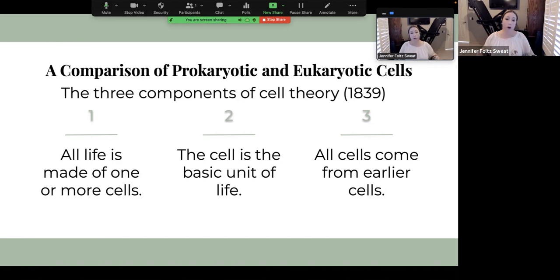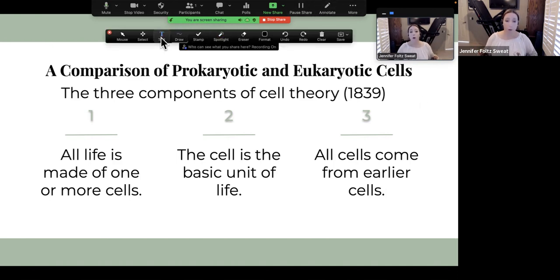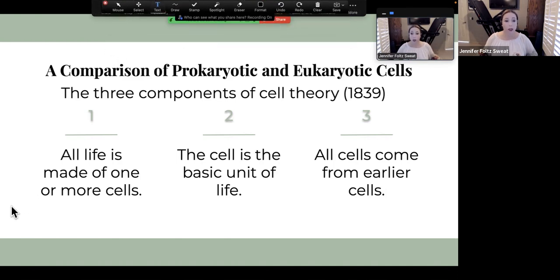Now, as microscopes got better and we started to discover more information about cells, that is when cell theory was developed in 1839. So all life is made of 1 or more cells. Now, notice that I say 1 or more cells. There is what we call unicellular life, and we've talked about this before.